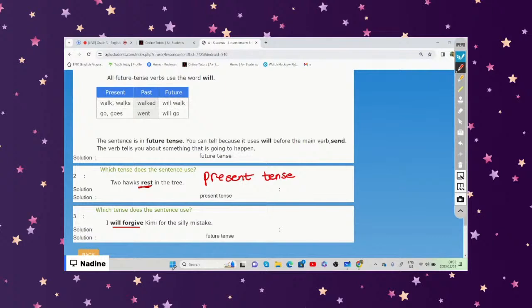If we were to choose the tense, then we'll say this is the future tense, and especially the word will gives us the indication that it is in the future.